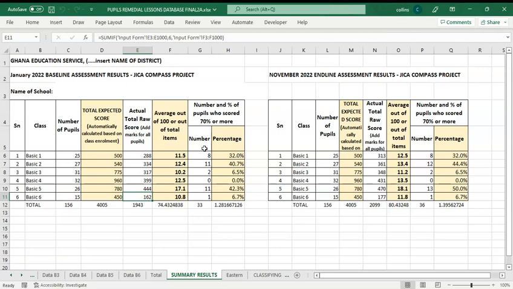And the number is over here, then we have the percentage also over here, indicating that eight of the learners in basic 1 scored 70% or more, and in percentage terms it is 32%.